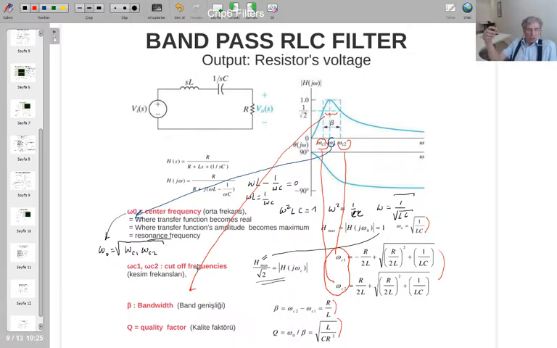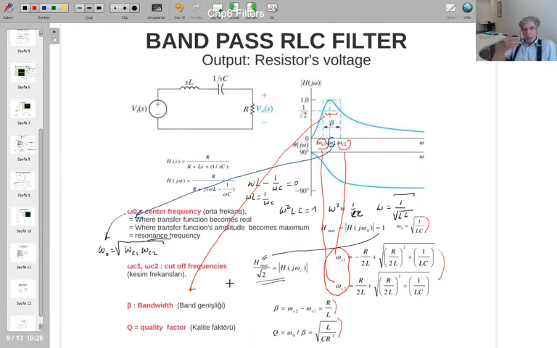The other terms, central frequency, bandwidth, and quality factor, are the physical quantities which say something about the filter. In practice, we've got two basic characteristics, which are the cutoff frequencies. For the bandpass filter, it is the upper and lower cutoff frequencies.